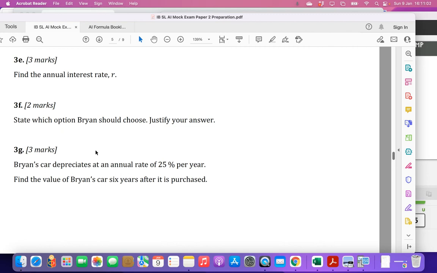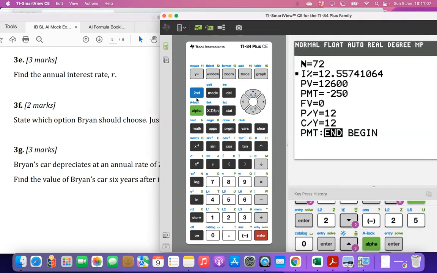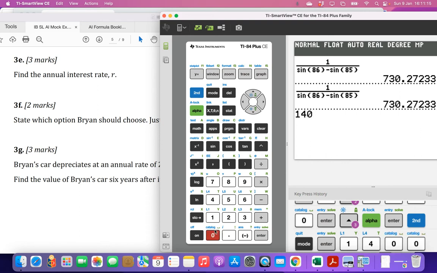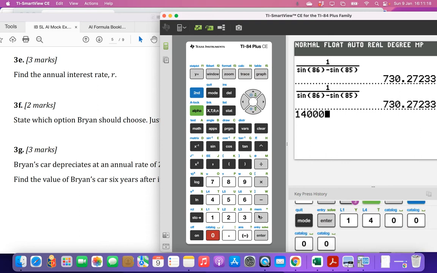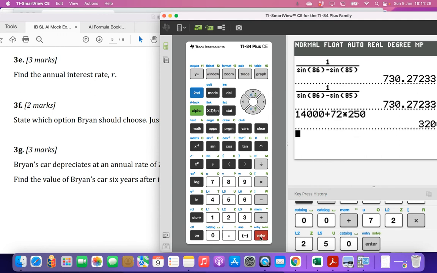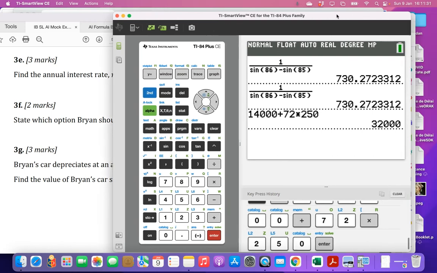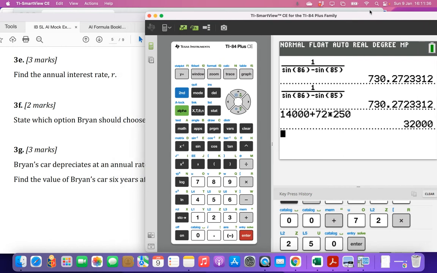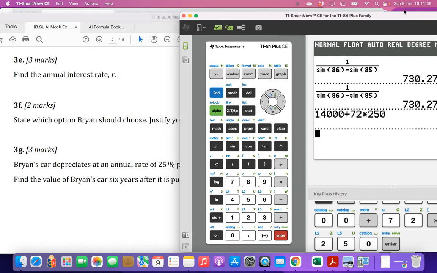Okay, so when I did that calculation, I didn't do it yet. 14,000 plus 72 times 250 is, my gosh, 18,000 as I recall. Yeah, he's paying 32,000 for the car that way.